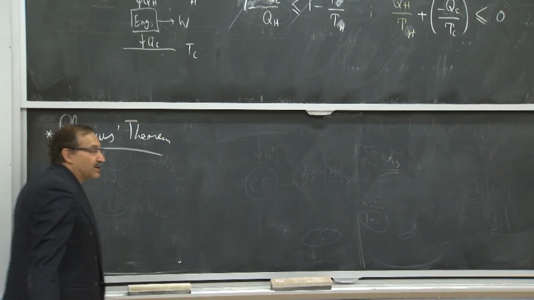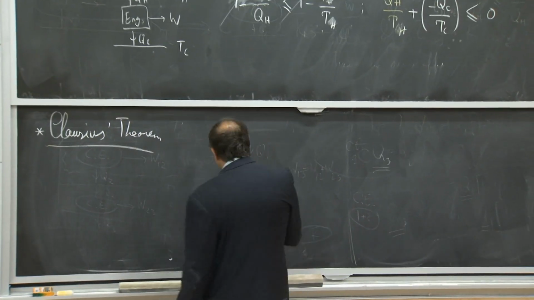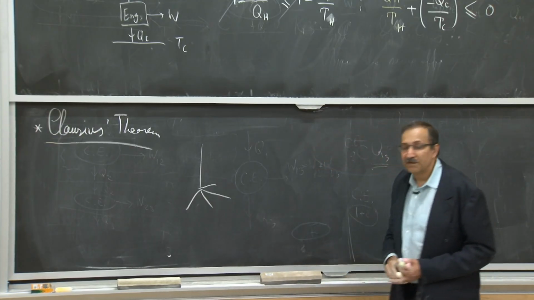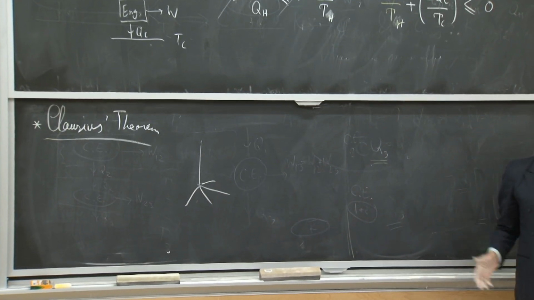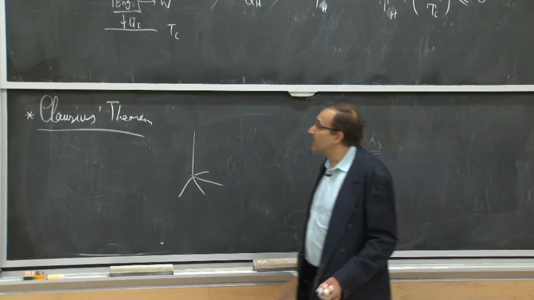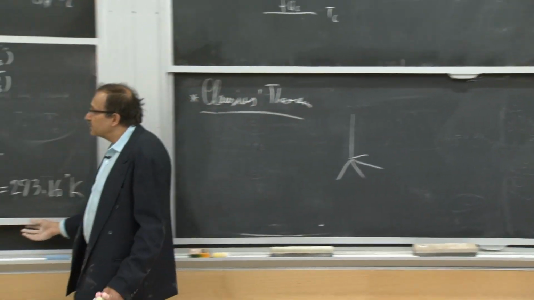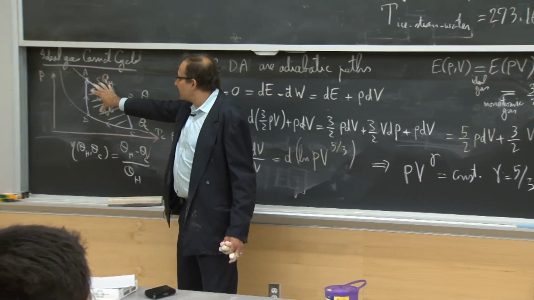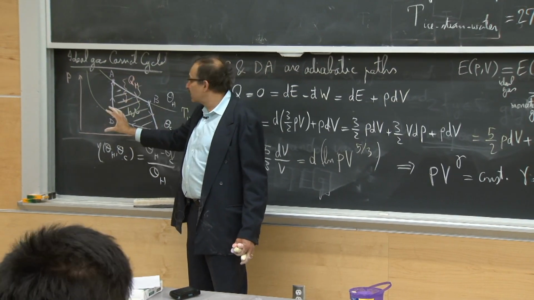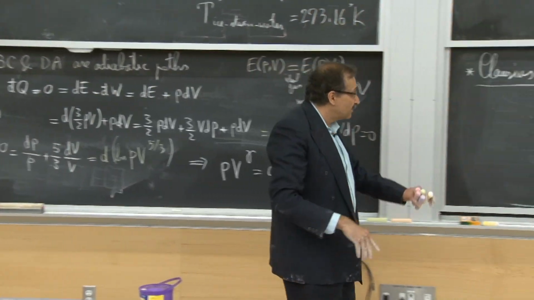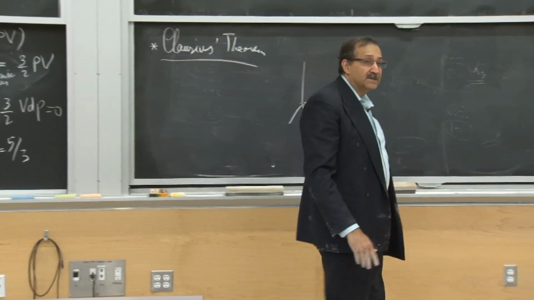which states the following. Imagine some kind of a generalization of your engine that takes place in some multidimensional space. So rather than really thinking about an engine, I want to think about some substance. This was an ideal gas that went through some nice cycle, but I want to think about some substance that is described by multiple coordinates.